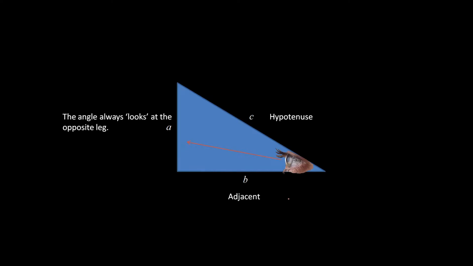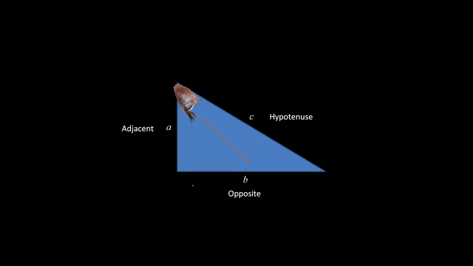Now, this same terminology is true if we move the eyeball to this other angle position. If we look at this angle up here, now the eyeball is looking at side B. And in this scenario, we would call side B the opposite leg, and we would call A the adjacent.